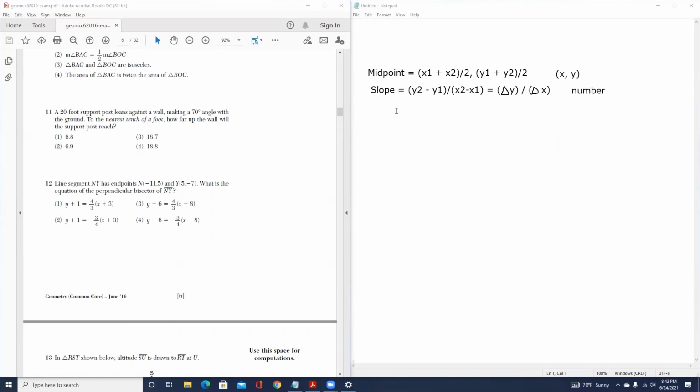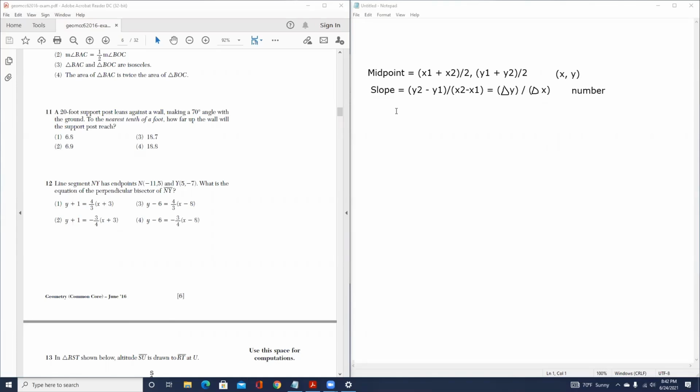So the reason we need both of these formulas is because we need to find the slope of line segment NY. And the reason we need to do this is because the perpendicular bisector will bisect line NY at its midpoint.